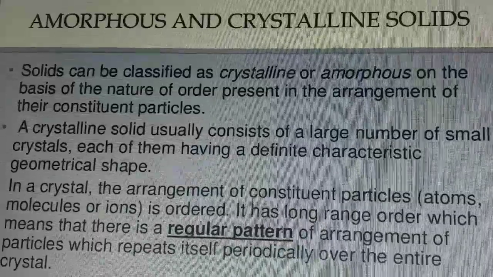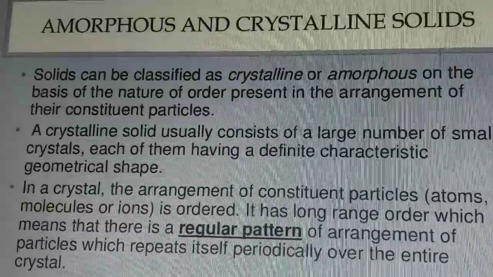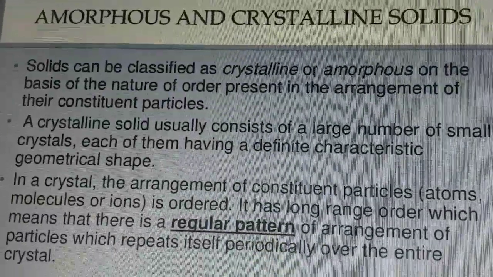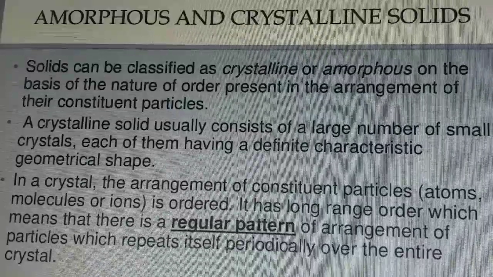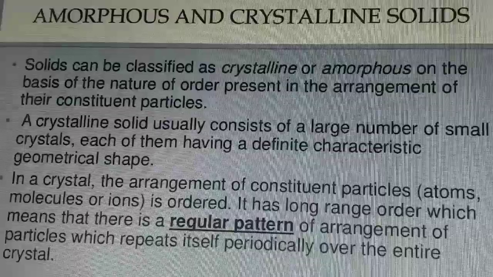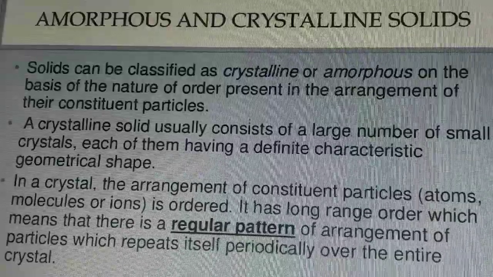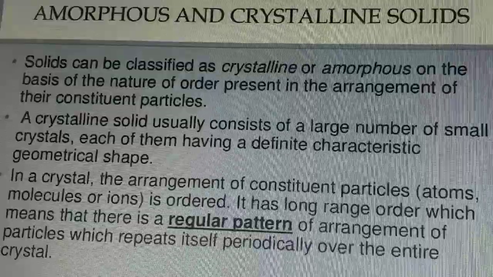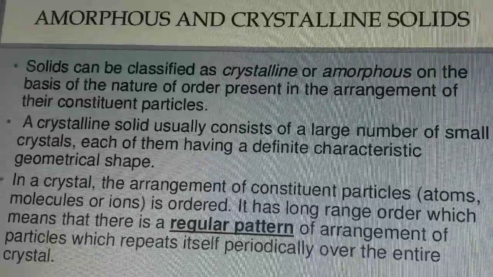Now what comes to your mind when I say crystalline? Already you made a crystal in 11th standard, copper sulfate, which is triclinic in shape and blue in color. A beautiful crystal you made from the impure powdered sample. And we use a crystal in our kitchen, sodium chloride crystal, right?